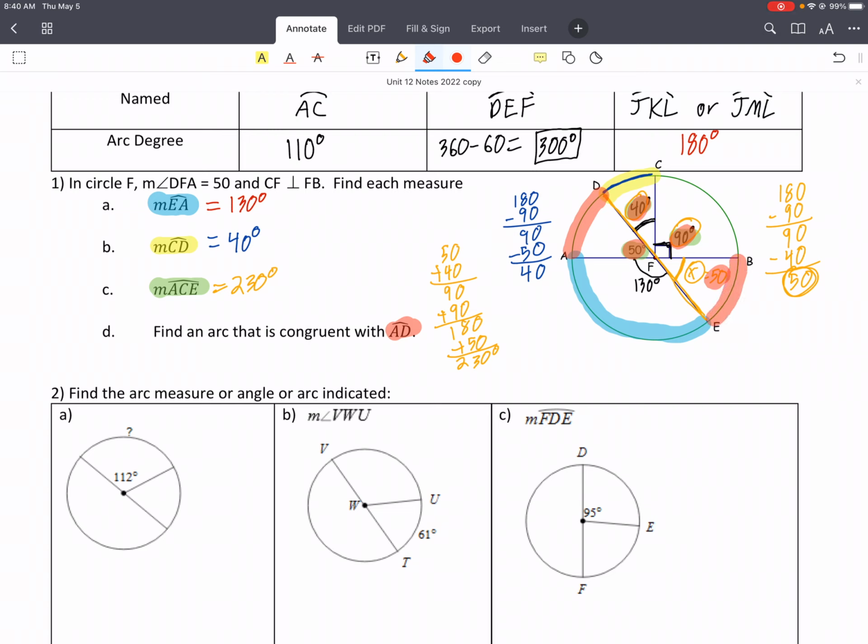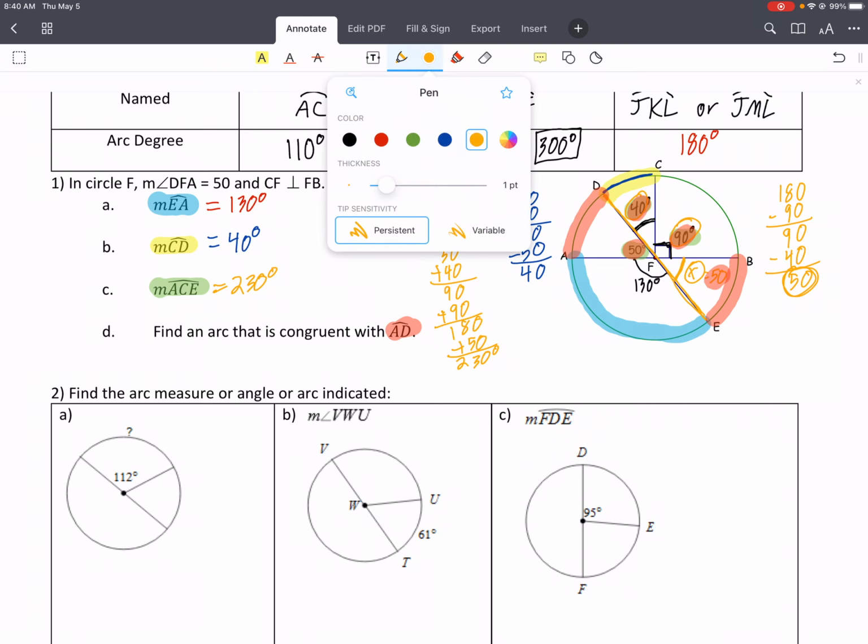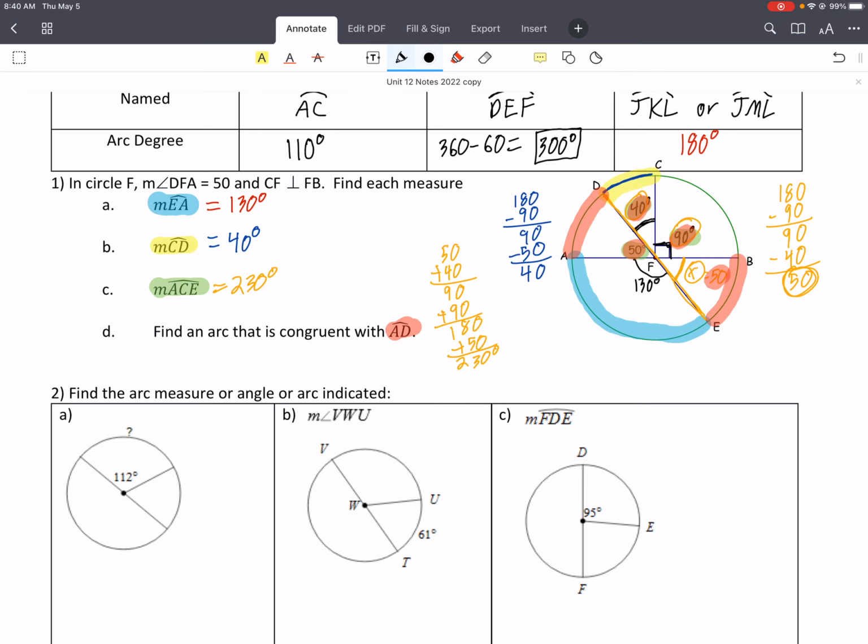BE right there. So how we would write this, that these two are congruent, is you would say that arc AD is congruent to arc BE.